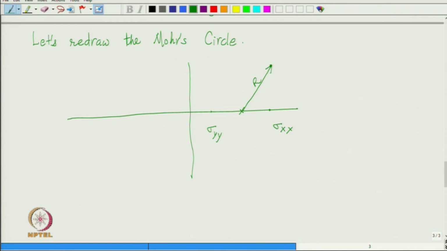Okay. And then this angle becomes 2 phi. So, we are on the sigma and tau plane. What all information can we extract?